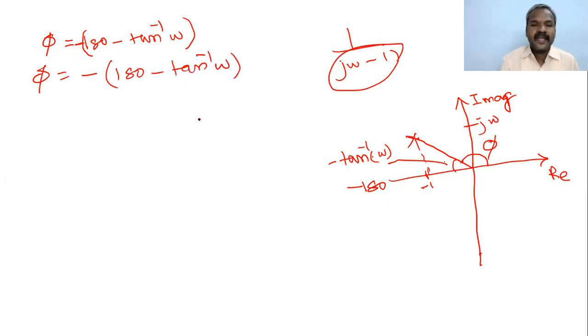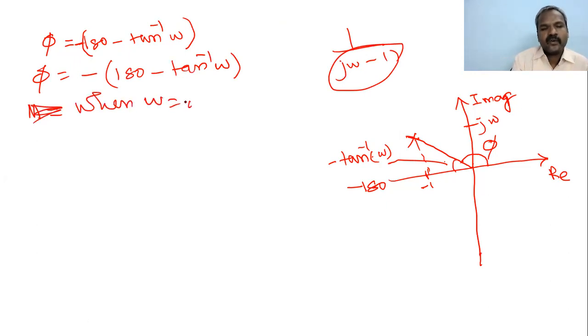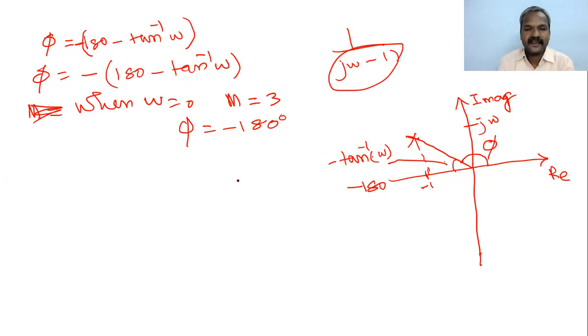Now let us substitute the values. When omega is 0, the magnitude is 3. What is the phase angle? The phase angle is minus 180 degrees. Understand or not?